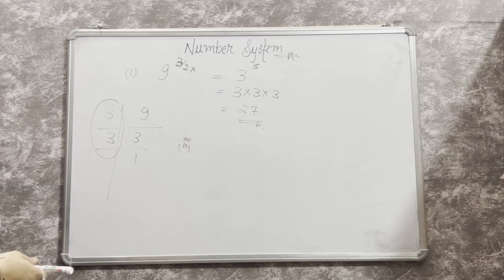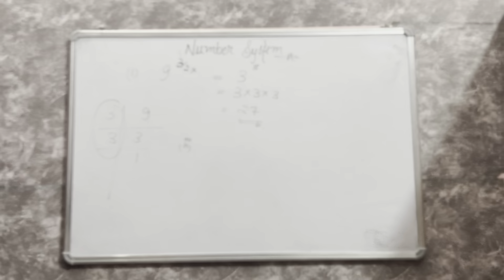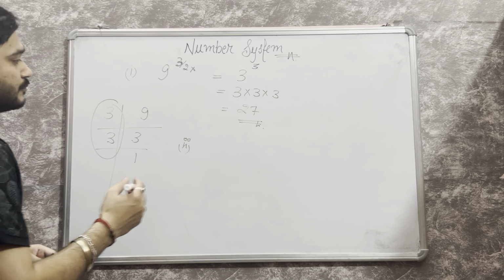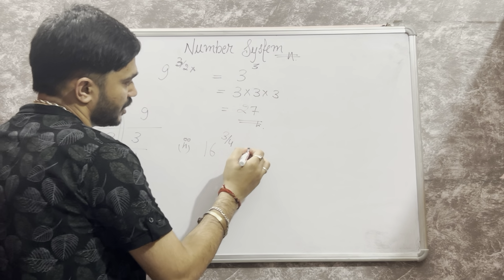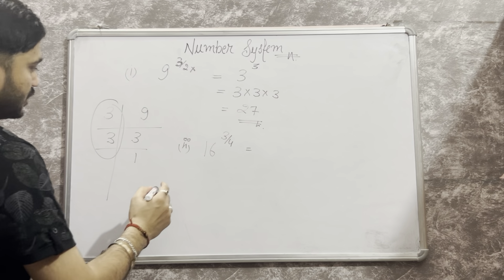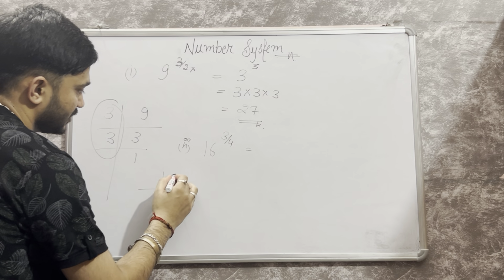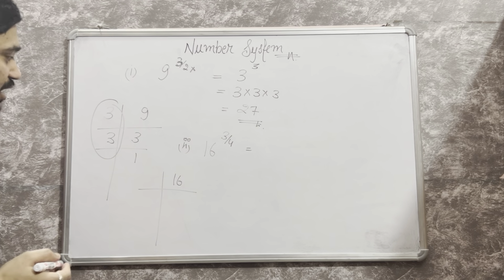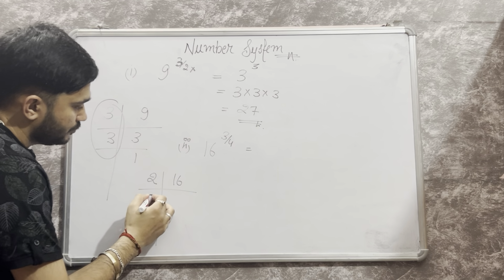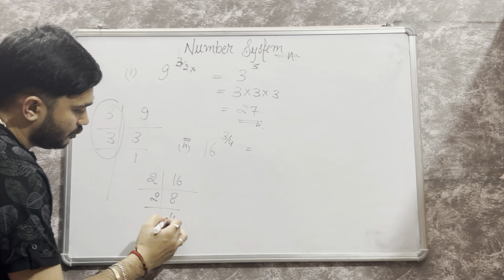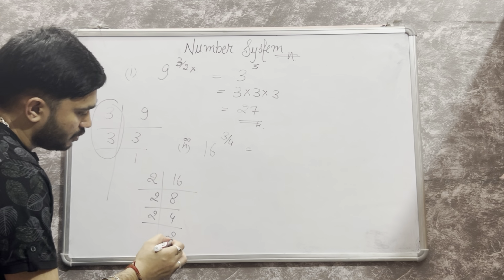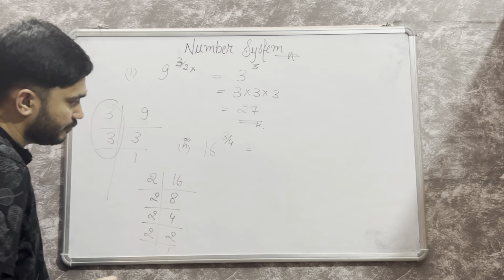Solving another example of this type of question, it will be 16 raised to power 3 upon 4. Let us solve this. Firstly, take 16, prime factorize this, you will get 2, 8, 2, 4, 2, 2, 2 and 1.